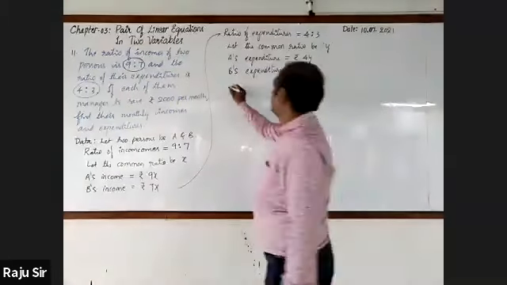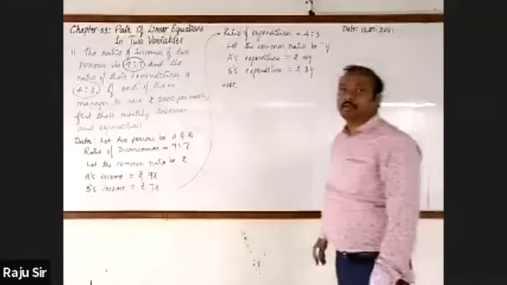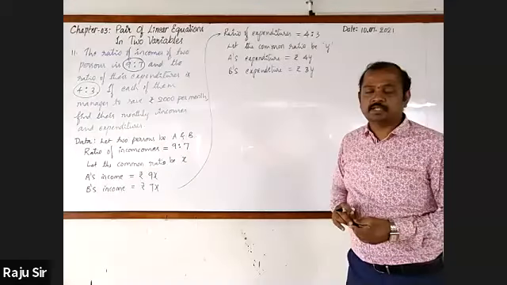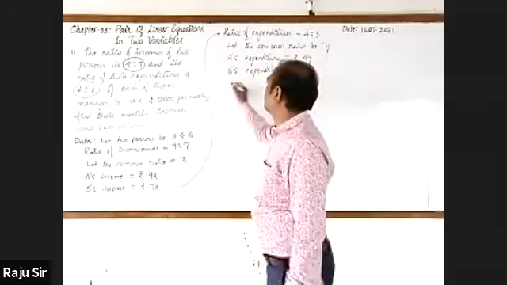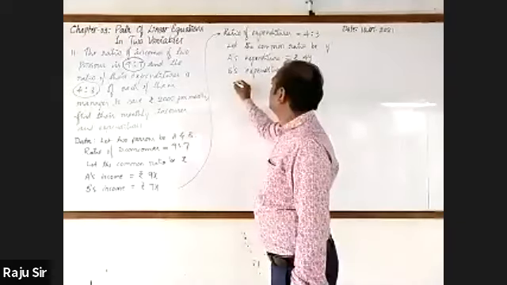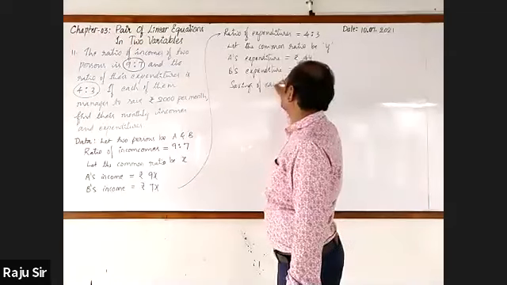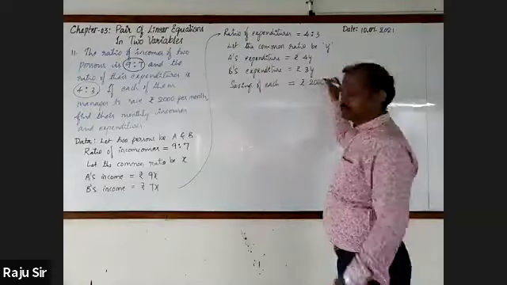Next, we all know the relation of income, expenditure and savings. Even savings is also given. Savings of each person is rupees 2,000.